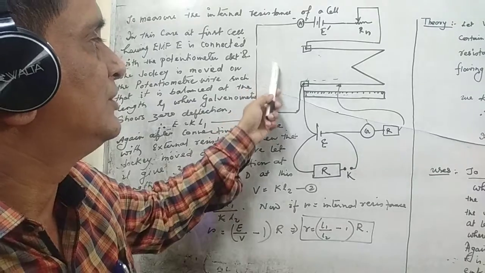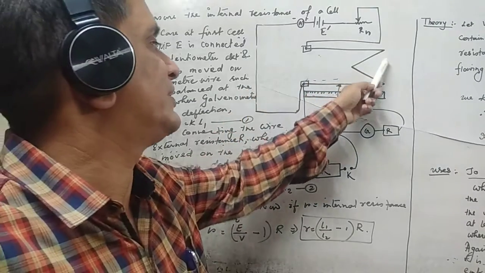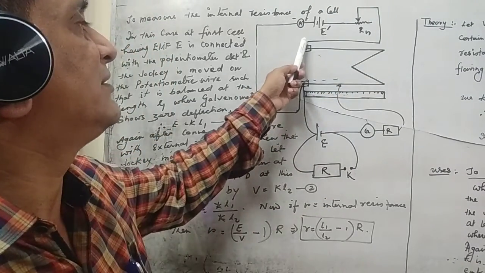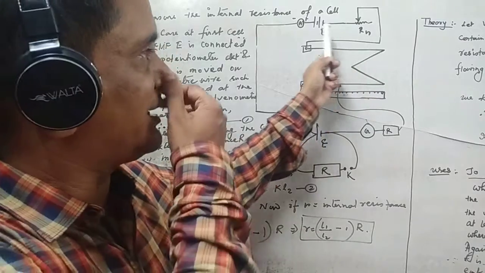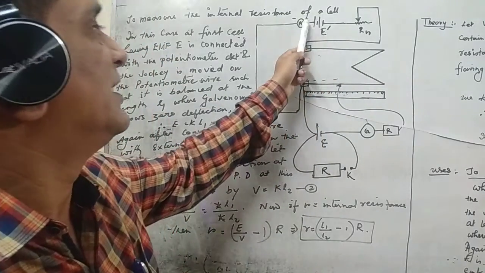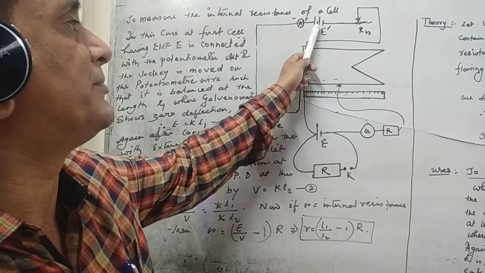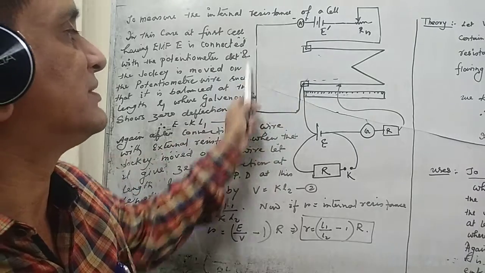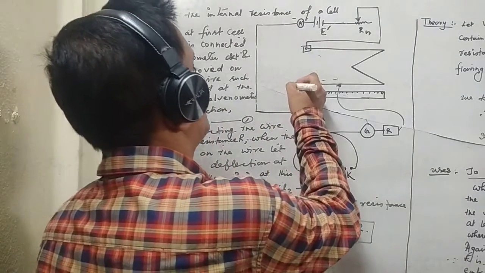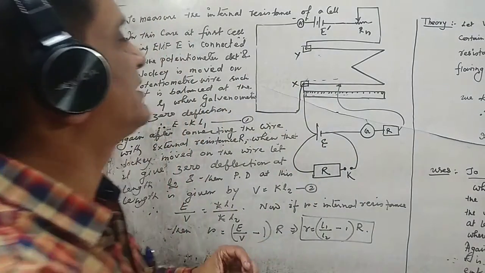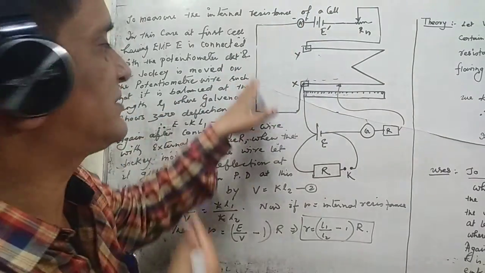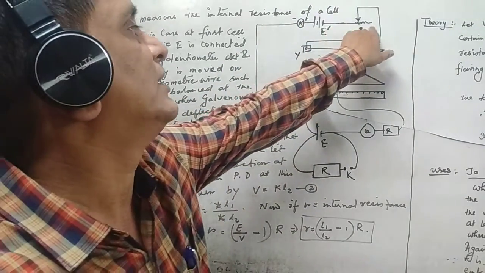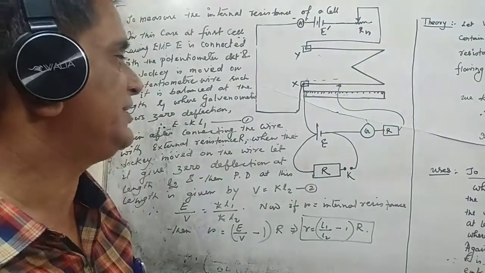Same diagram. We have taken this as a potentiometer, and this side is connected to the rheostat. Another cell having EMF E is there, with its positive terminal connected to the positive terminal and the negative terminal to the other end, X and Y. This gives a constant amount of current by adjusting the value of the rheostat.